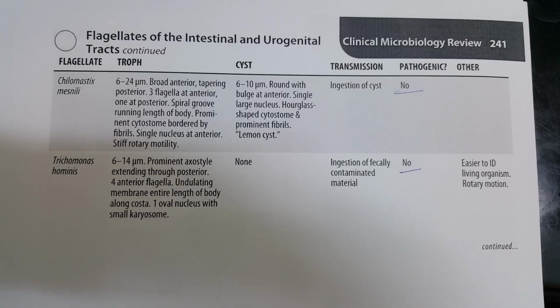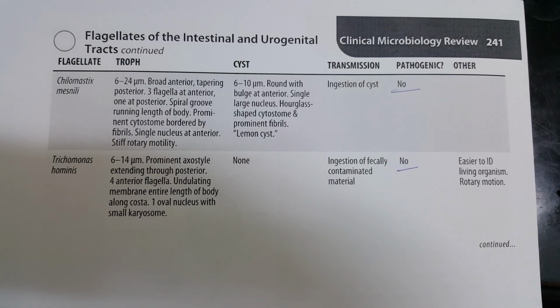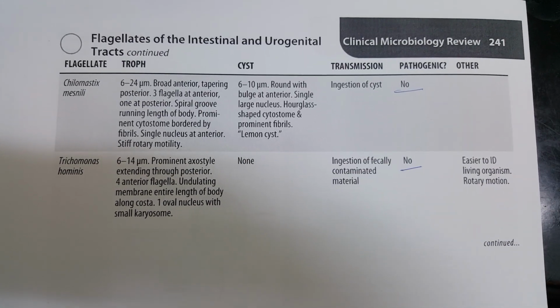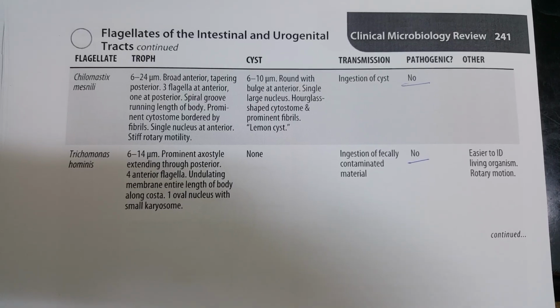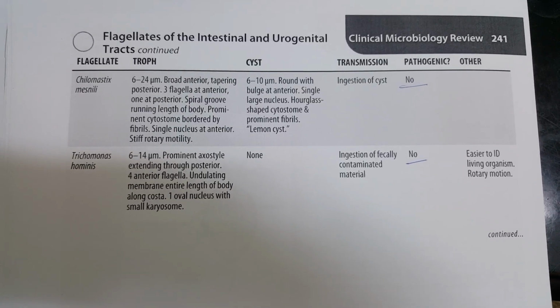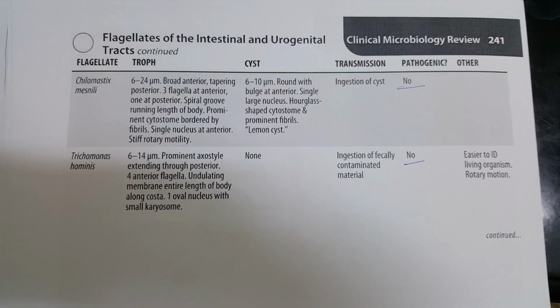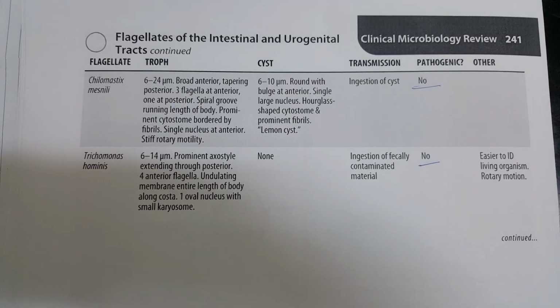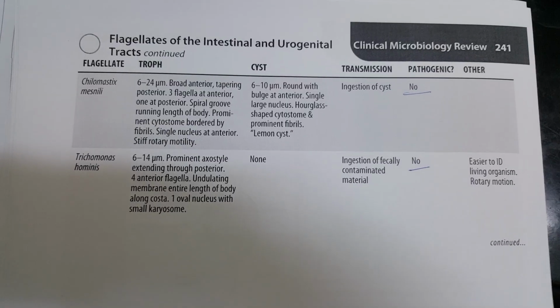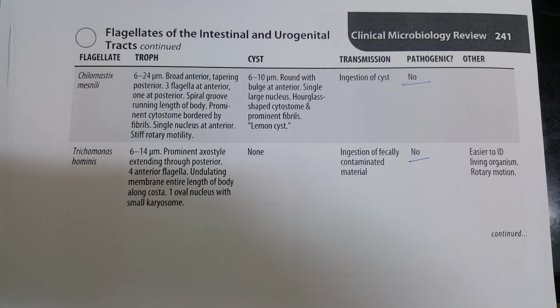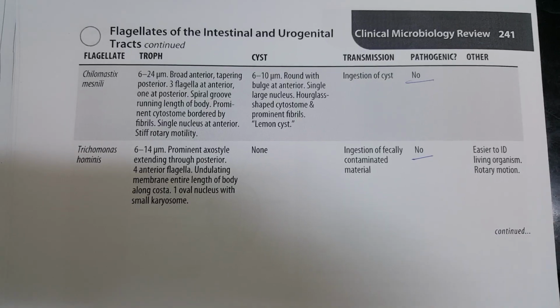Among intestinal flagellates, there are 2 non-pathogenic flagellates: Chilomastix mesnili and Trichomonas hominis. Both of these organisms are non-pathogenic, and they spread by fecal-oral contamination or ingestion of the cyst.